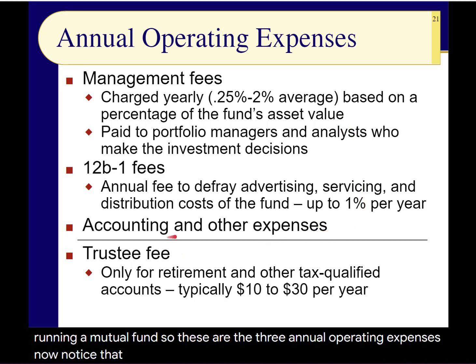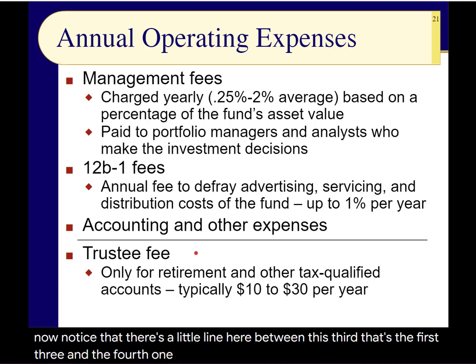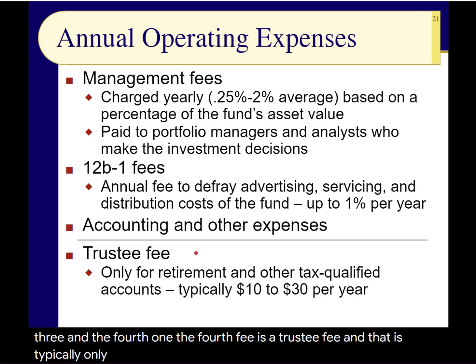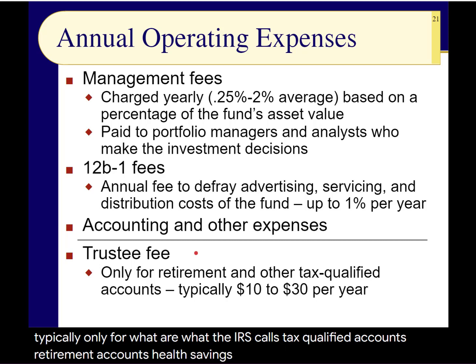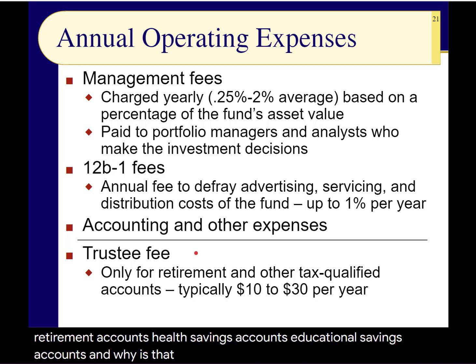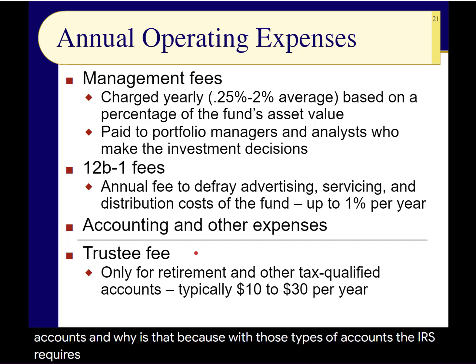Now notice that there's a little line here between the first three and the fourth one. The fourth fee is a trustee fee, and that is typically only for what the IRS calls tax qualified accounts: retirement accounts, health savings accounts, educational savings accounts. And why is that? Because with those types of accounts, the IRS requires you to have a trustee to hold the money.